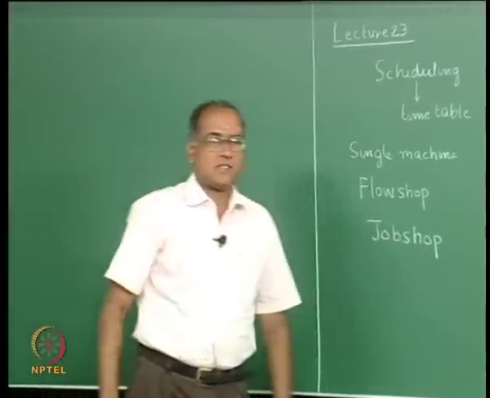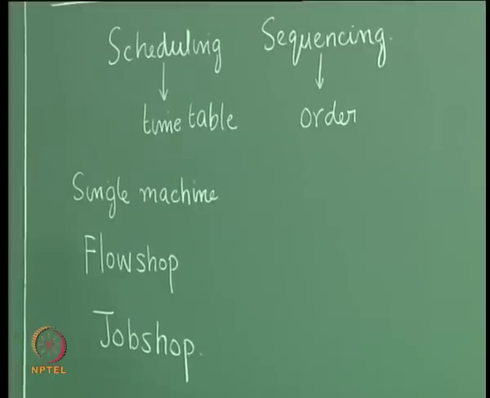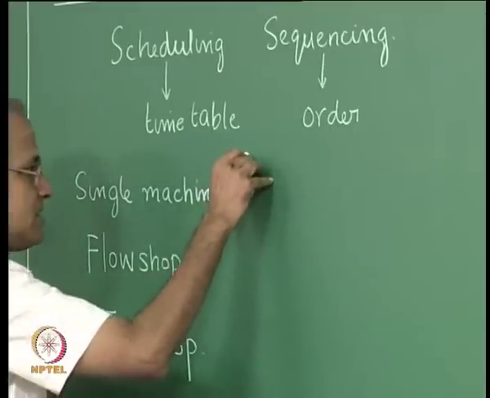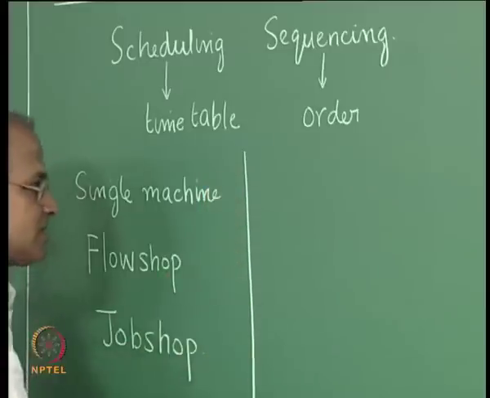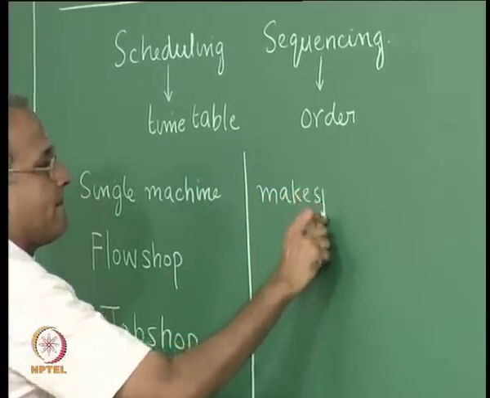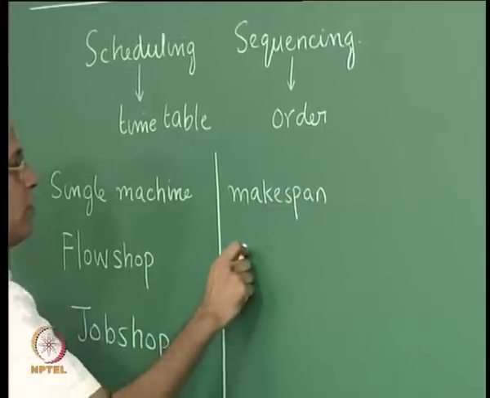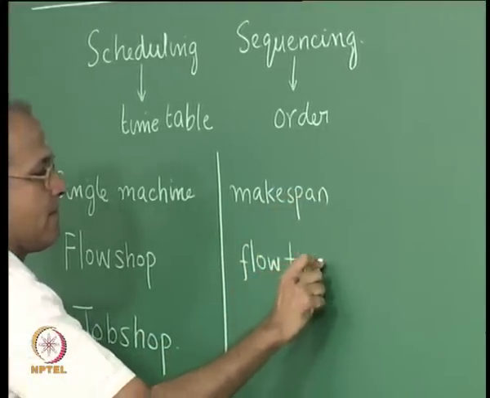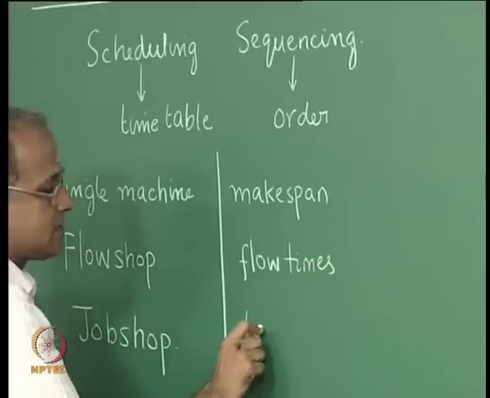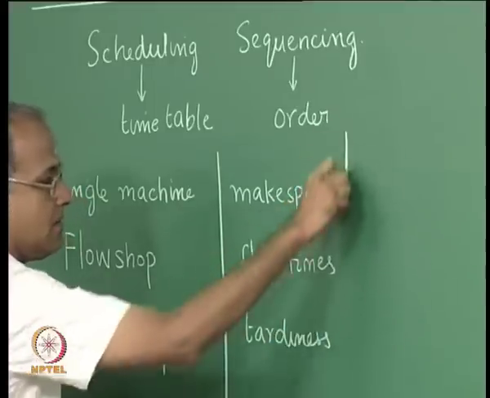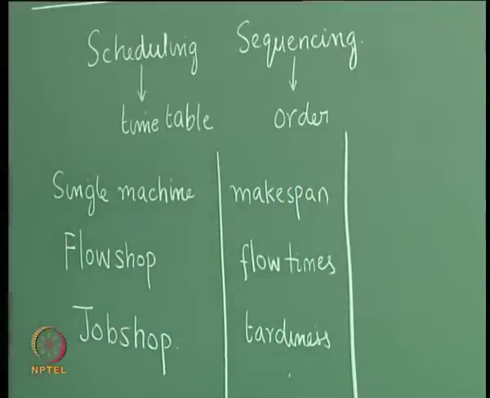In the traditional literature, we also use several objectives such as Makespan, flow times, tardiness, and many more.